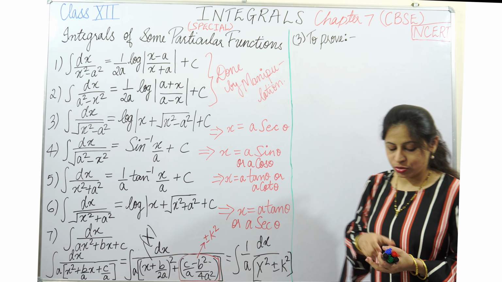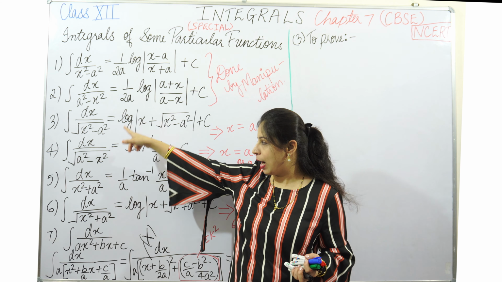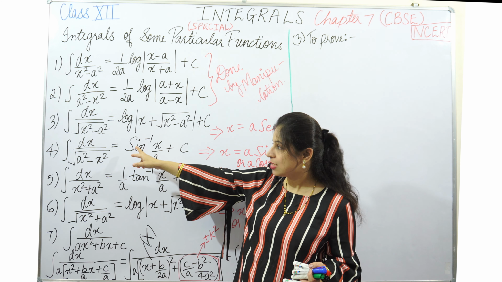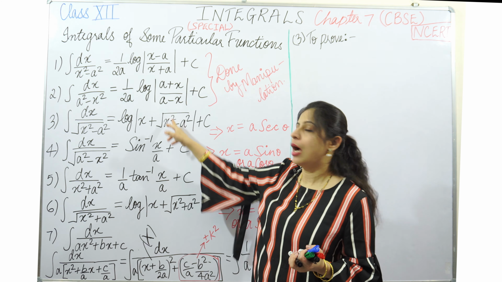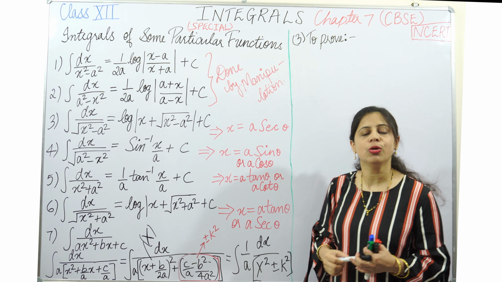integration. Okay, so let us start proving that the integration of 1 upon under root x square minus a square dx is equal to log x plus under root x square minus a square plus c, and c is the integration constant.